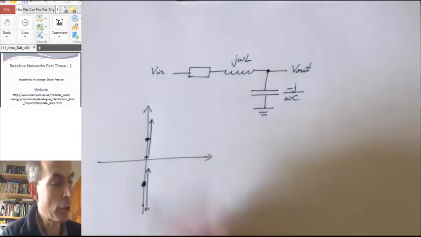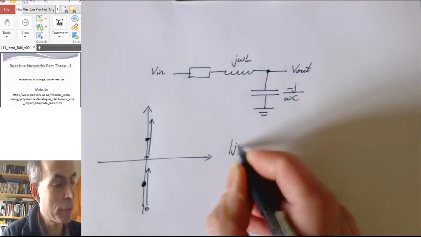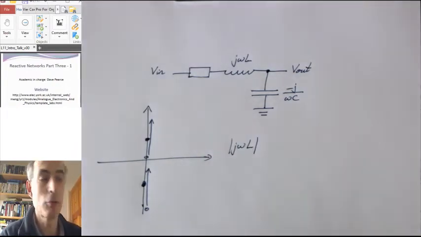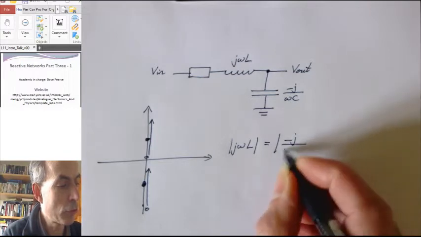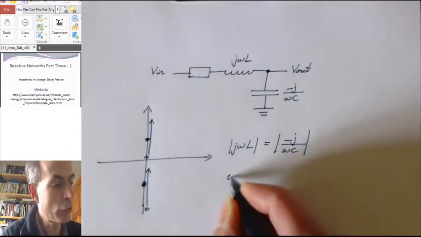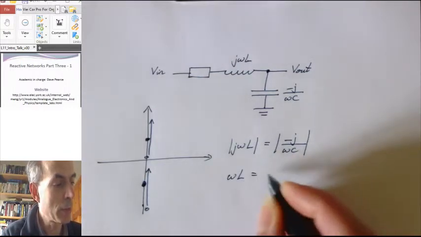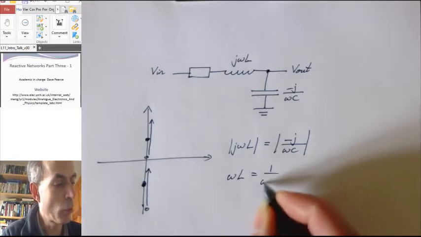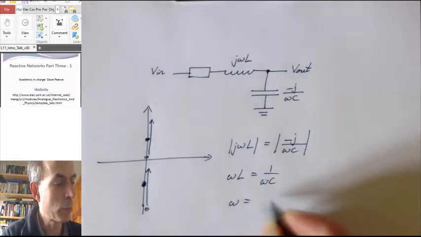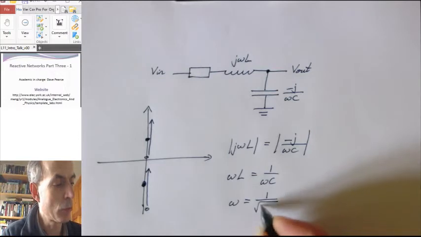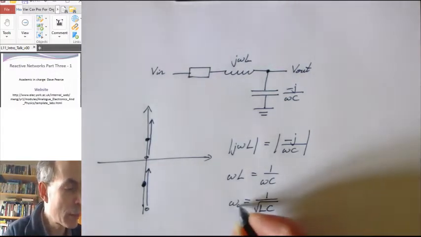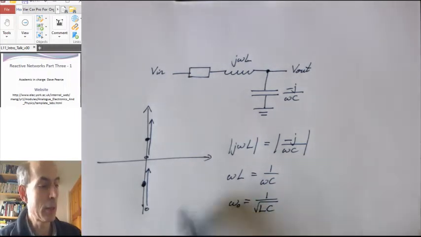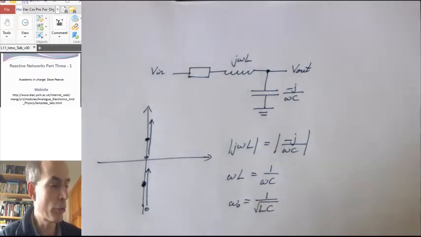At that particular frequency, omega L equals 1 over omega C, or omega equals 1 over the square root of LC. And that's called the resonant frequency, usually indicated by a small 0 below the omega.